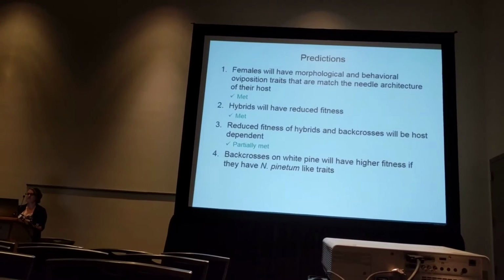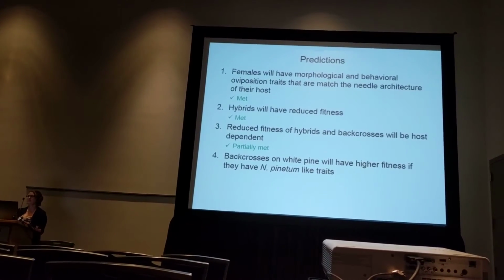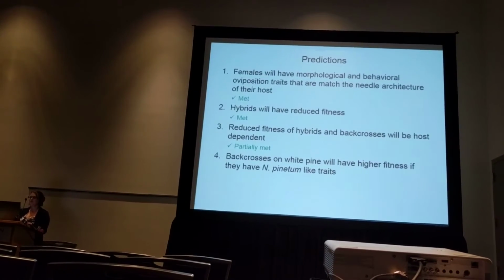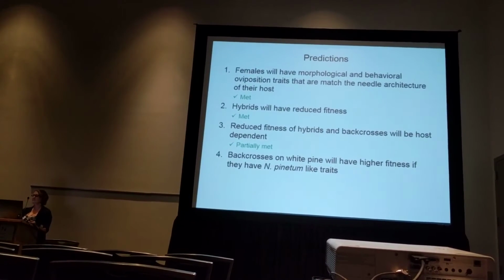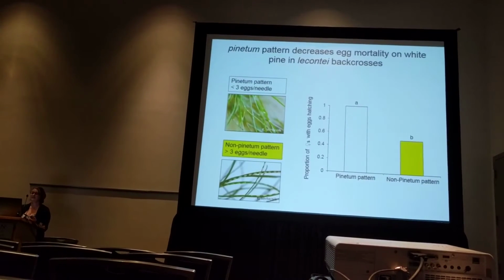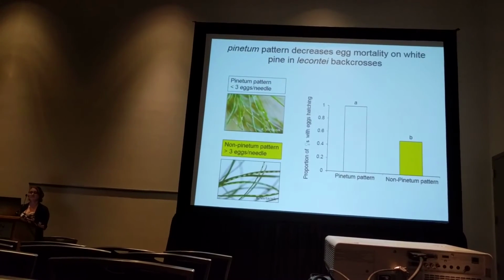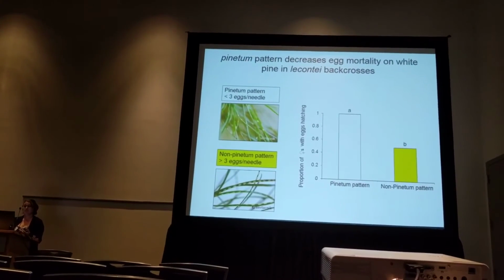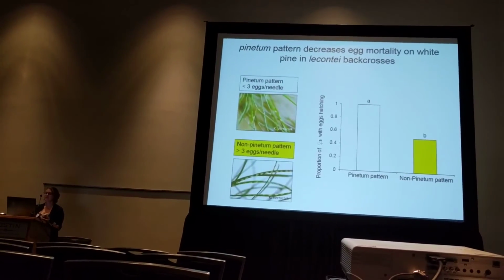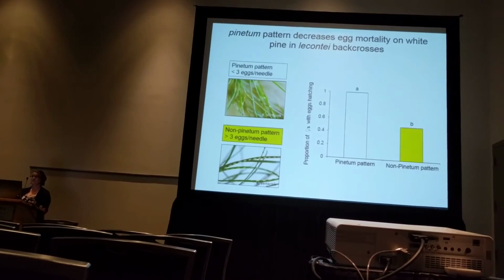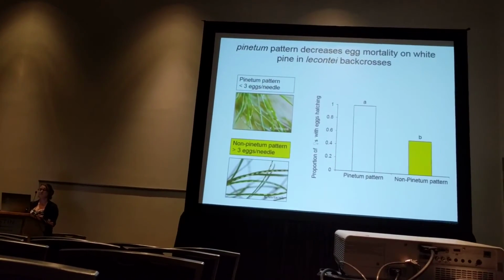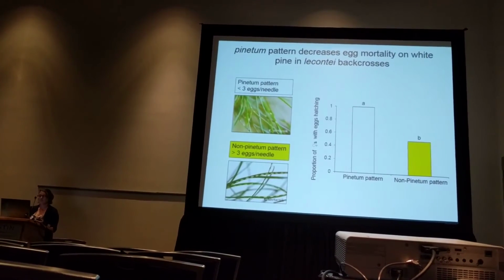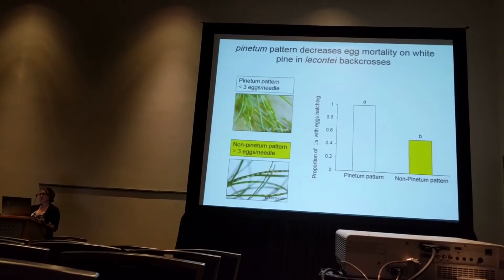Finally, if oviposition traits are responsible for generating reproductive isolation, we expect back crosses on white pine will have higher fitness if they have Pinedum-like traits. And to test that, we looked specifically at Lecontii back crosses on white pine. And the first trait we looked at was oviposition pattern. And we used qualitative categories for this, with a Pinedum pattern being 3 or fewer eggs per needle that were widely spaced, whereas any other pattern was considered non-Pinedum-like.